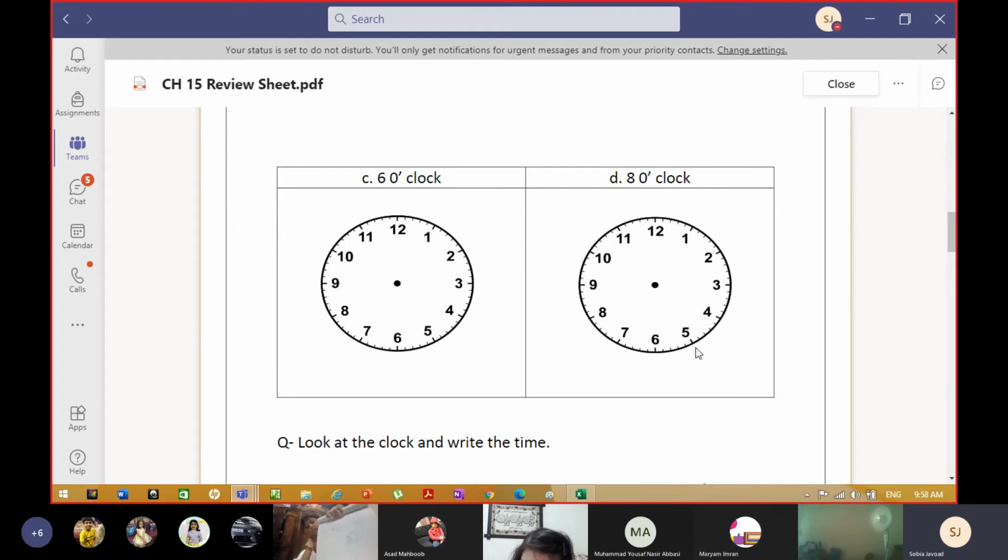If you haven't done a lot of practice, you can do this worksheet in the evening at home. You can draw more times. You can write the time of other clocks also. So it's up to you.